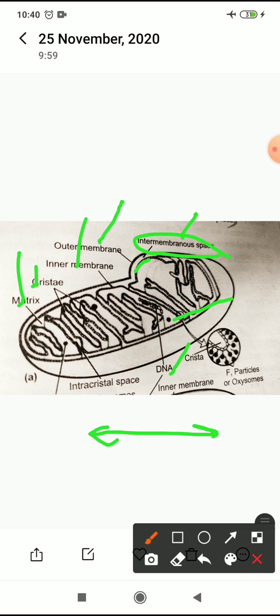The particles on the inner membrane are stalked particles and are called subunits of Fernandez-Moran. Particles on the inner membrane are involved in hydrogen transfer.